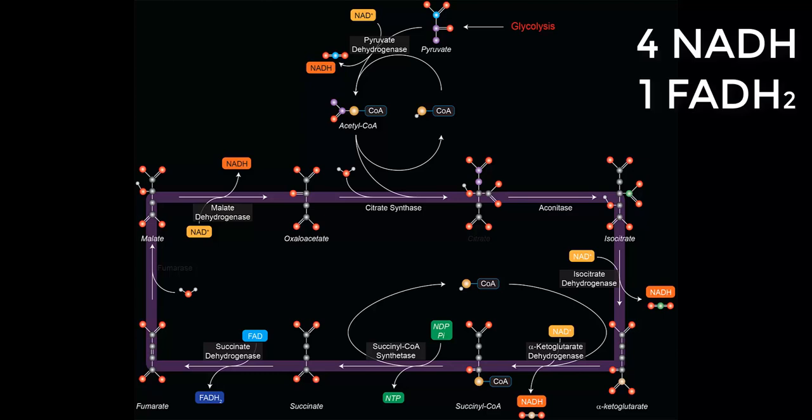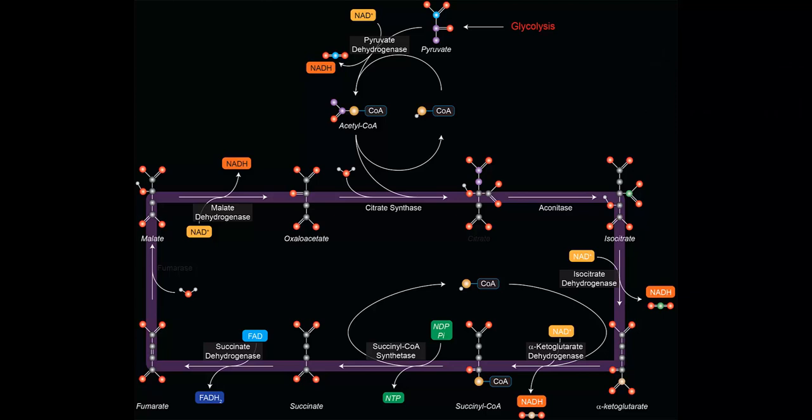1 equivalent of FADH2. Remember that during glycolysis, we produce 2 NADHs per glucose. In addition, we produce 2 pyruvates. So let's figure out the total number of NADH and FADH2 that we produce per glucose.